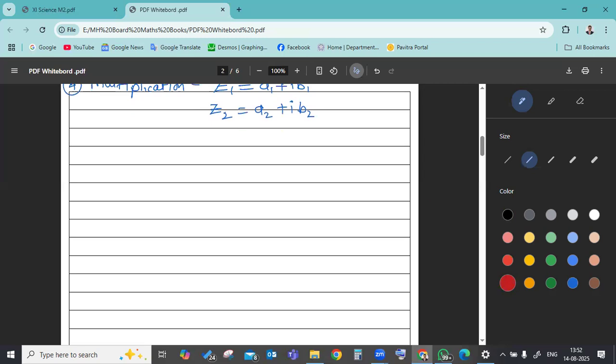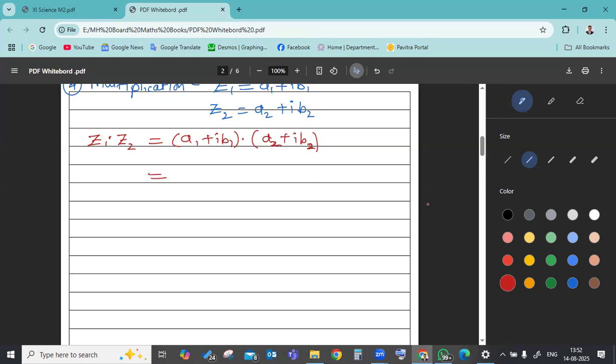The multiplication Z1 multiply Z2 is equal to a1 plus i b1 multiply a2 plus i b2. Got it?